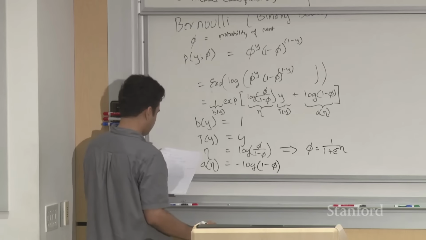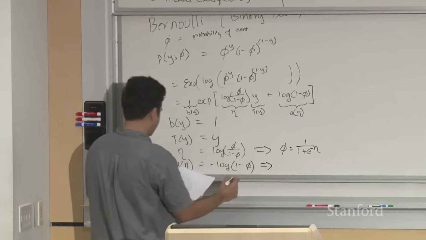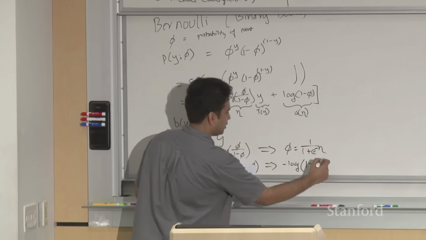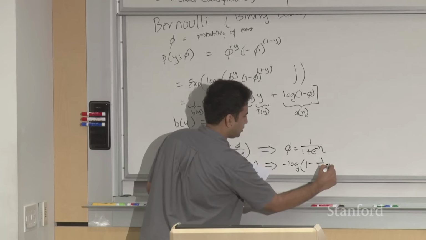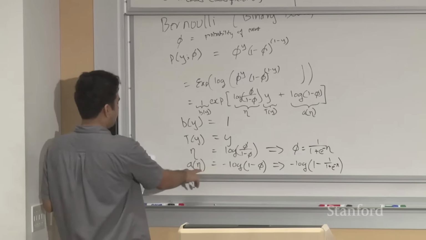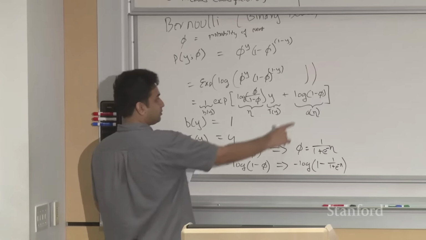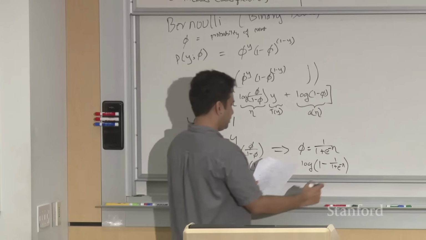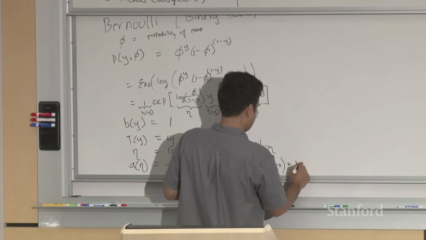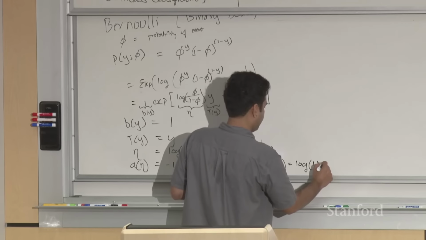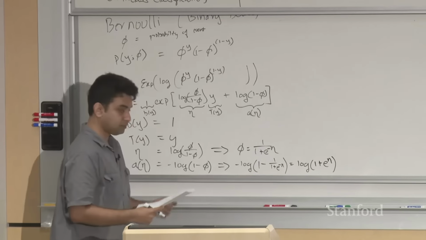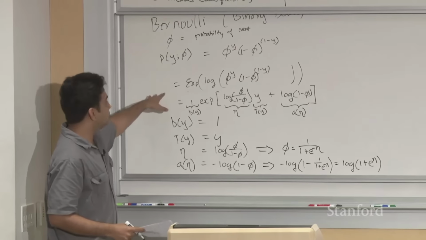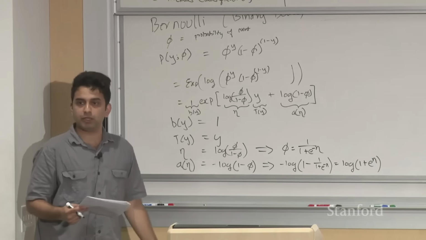I just did pattern matching there, and minus log of 1 minus this thing over here, 1 over 1 plus e to the minus eta. The reason is that we want an expression in terms of eta. Here we got it in terms of phi, but we need to plug in eta. This will just be log of 1 plus e to the eta. So there you go. This verifies that the Bernoulli distribution is a member of the exponential family.